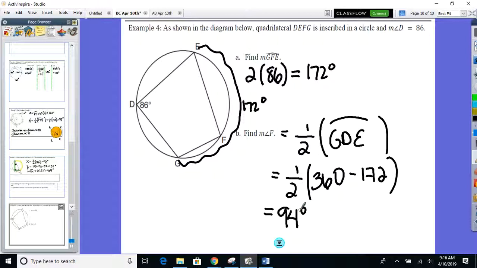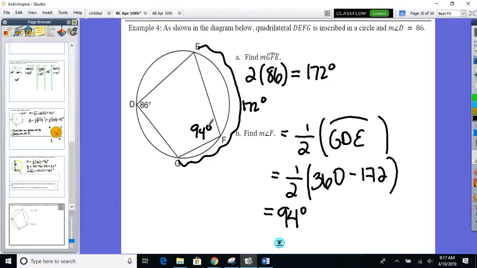Now I know I mentioned that there's a new theorem here. I didn't want to give it to you, but you found it. First of all, what is EDGF? 4 sides, I call it a quadrilateral. And what do we call this if all the vertices touch the circle? Inscribed.